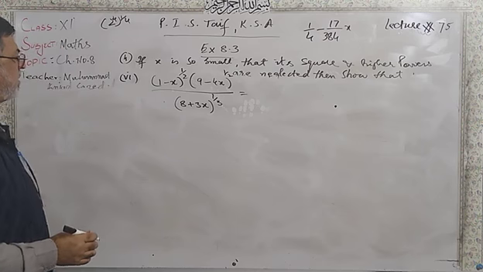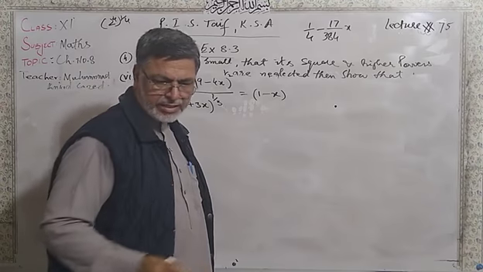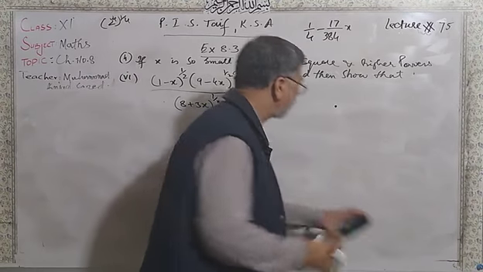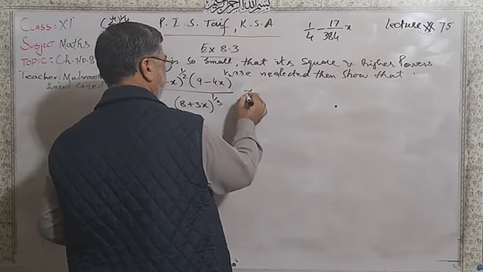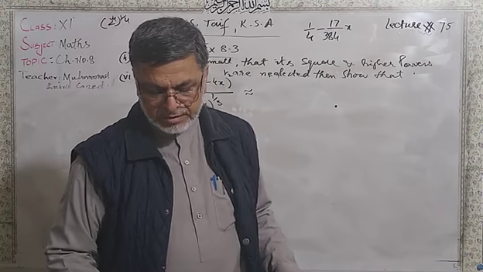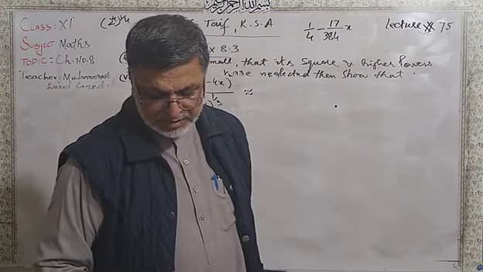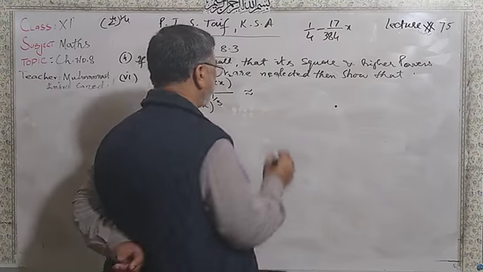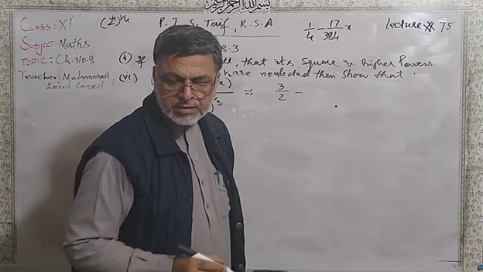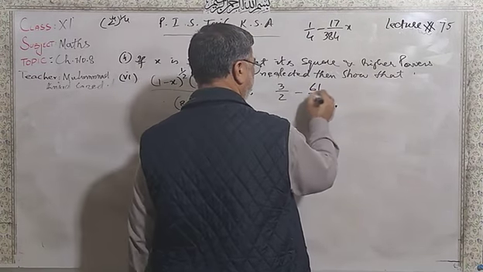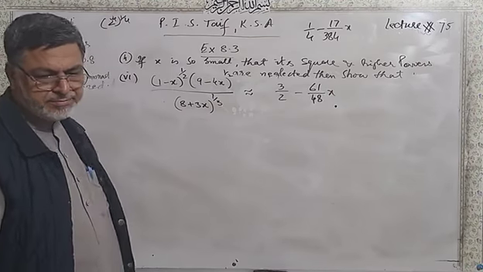So dear students, your right hand side is approximately equal to 3 over 2 minus 61 over 48 x. Dear students, your right hand side is this one.